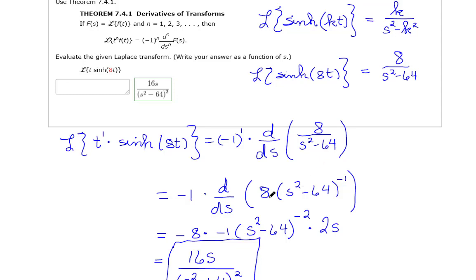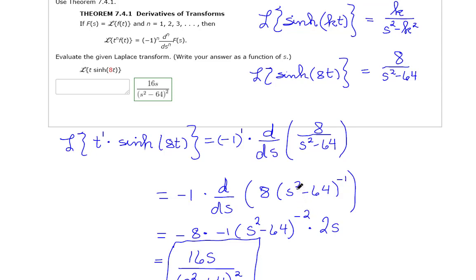So rewrite that as 8 times that thing to the minus 1. Minus 1 comes in the front. All right, got that. So I've got a minus 8, I've got a minus 1, s squared minus 64. Drop the exponent by 1, so minus 2.